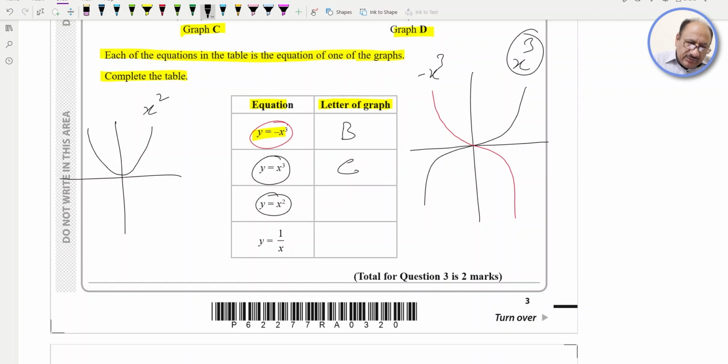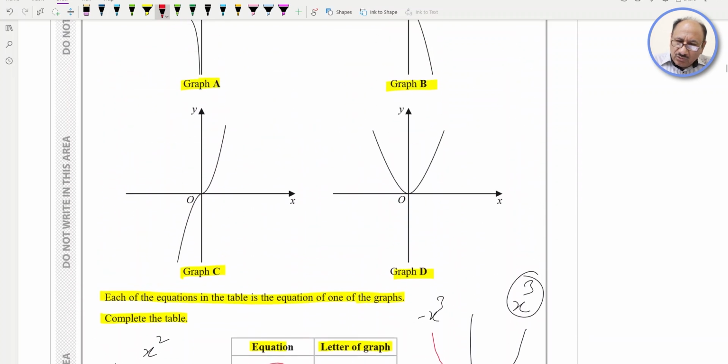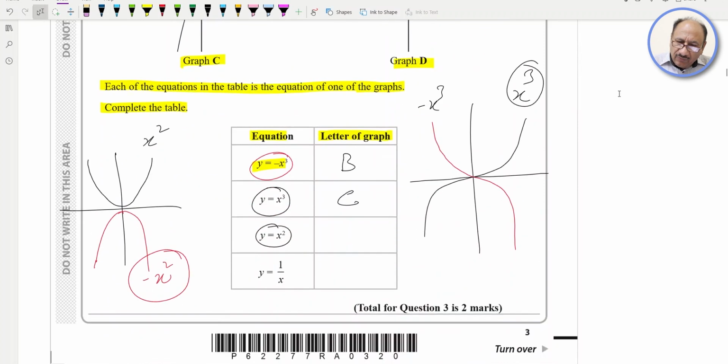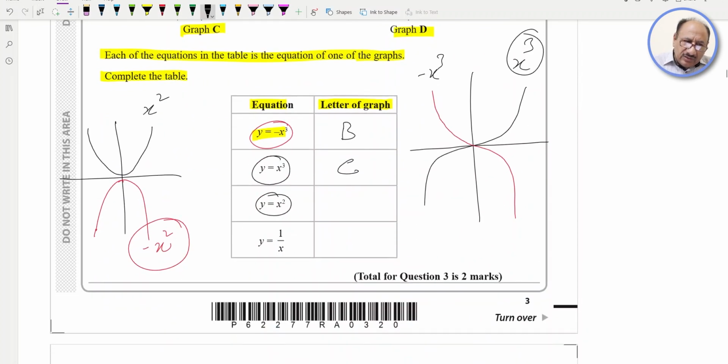If it is minus x square, it will be a U-shape opening downward, when the coefficient of x square is minus. In this case it is plus x square, so we can take this one, graph D, as our answer.